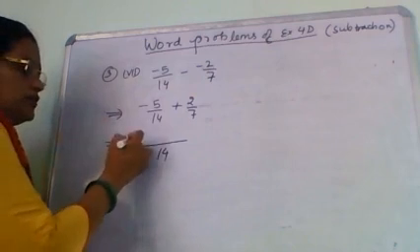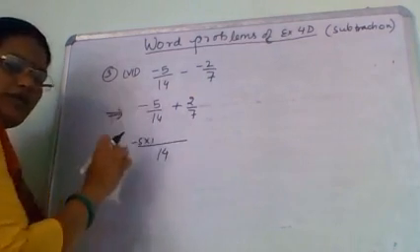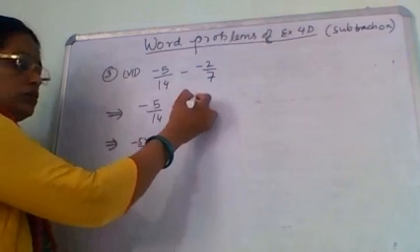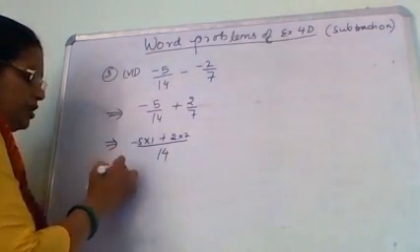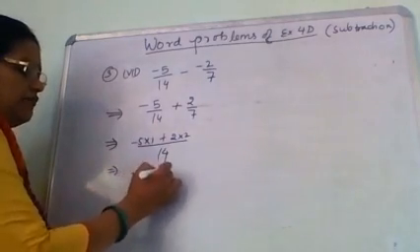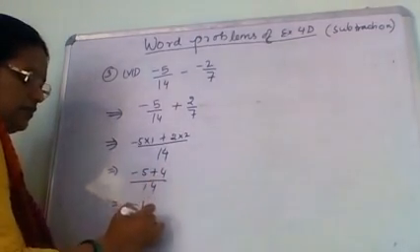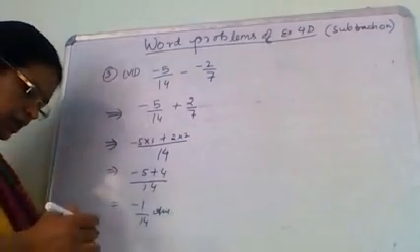So how much are we multiplying in the first numerator? 1, because 14 into 1 is 14. Similarly here I am multiplying by 2, so we are multiplying over here also 2. So this becomes minus 5 plus 4 by 14. So the answer becomes minus 1 by 14.